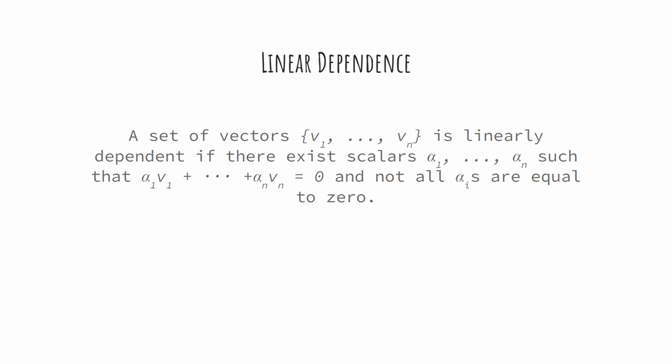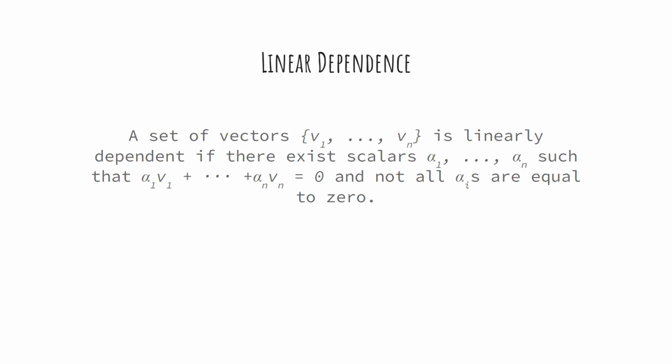All that means is that when you're able to find a linear combination of vectors equal to 0, and some of the scalars you're multiplying these vectors by are not equal to 0, then you know you have a set of linearly dependent vectors.